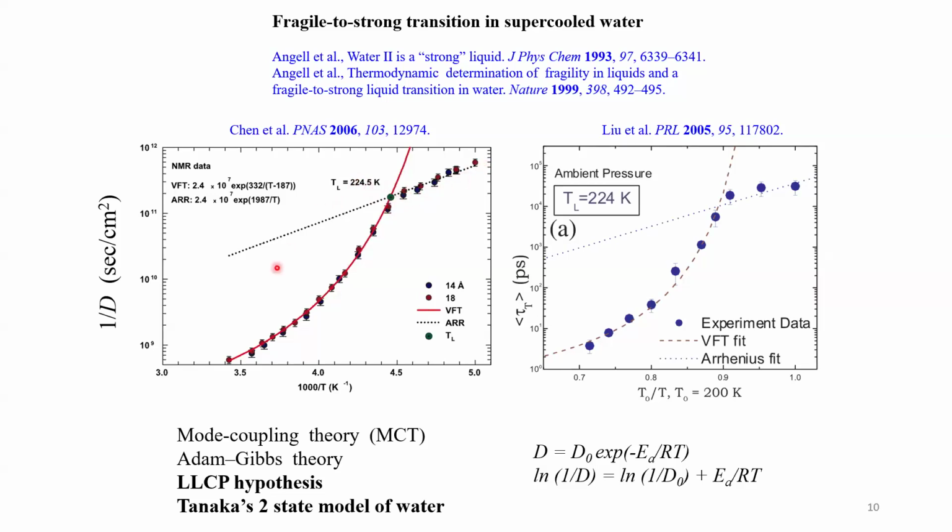Now you can ask, sir, how was that experiment done, because the temperature is very low? The experiment was not done in bulk water. It was done in confined water. Water was confined in silica pores, and due to the confinement the freezing point decreases, and you can see this is 200 Kelvin without freezing.